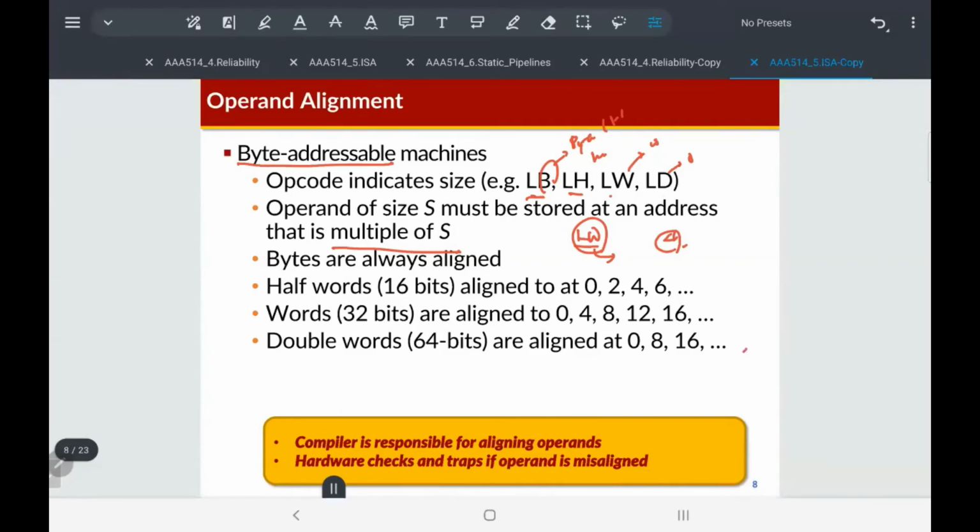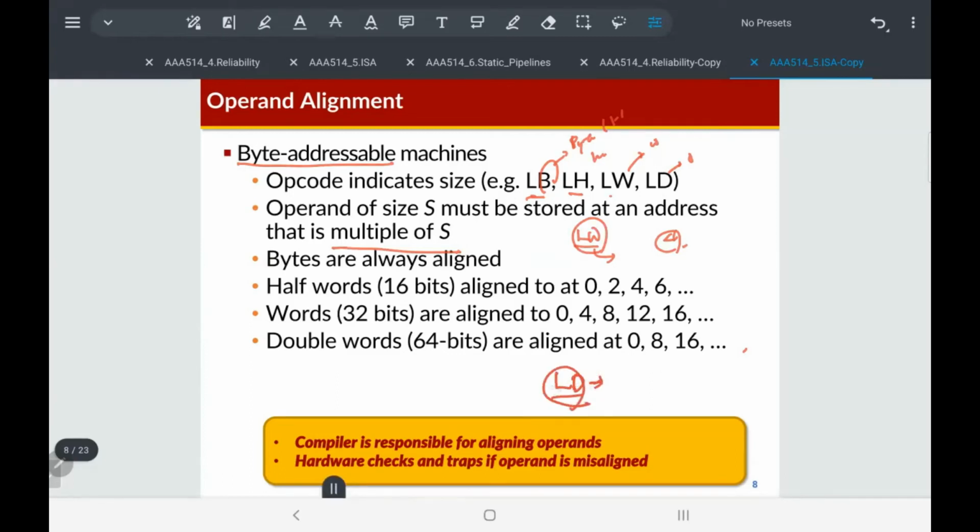But RISC-V is a modern instruction set architecture. So actually, the data address can be aligned, but we don't need to use the aligned address for some different sizes of data transfer instructions. So for example, load double word.